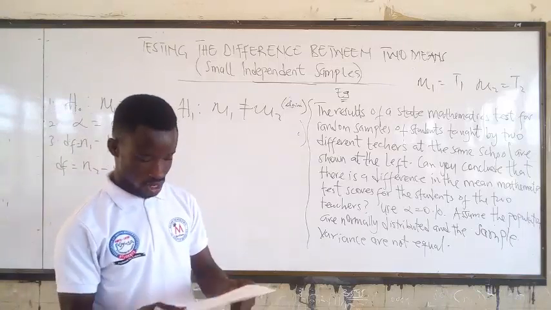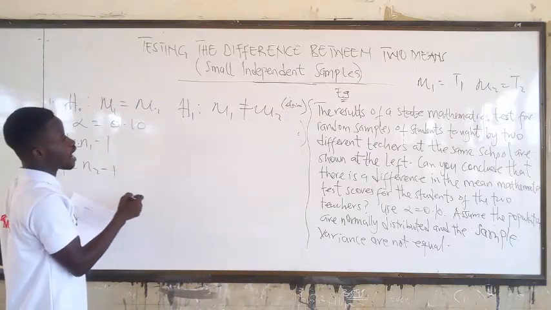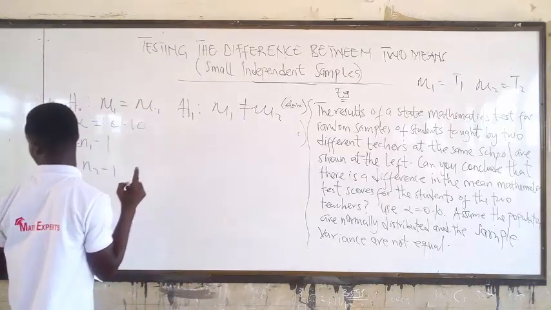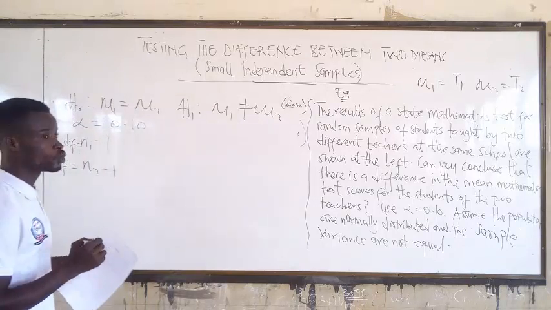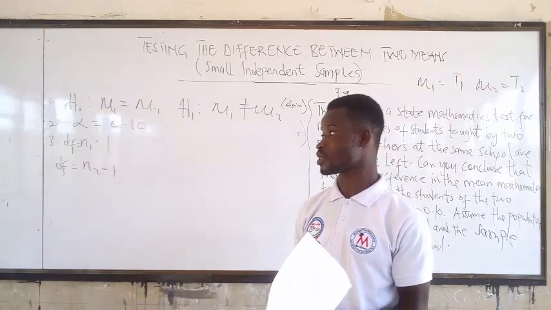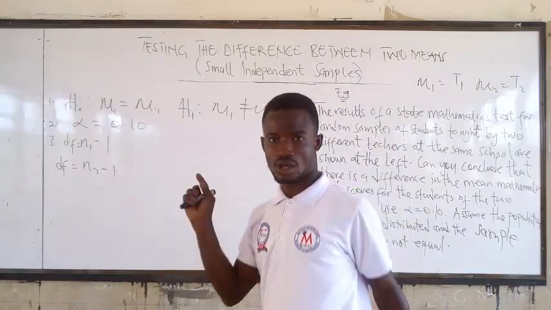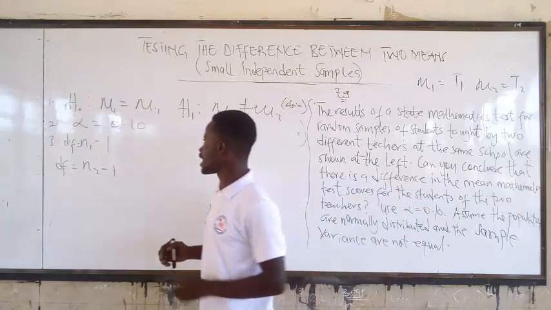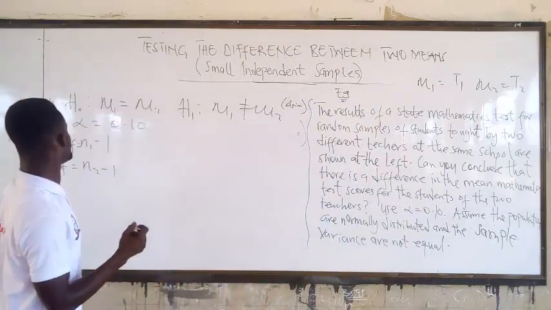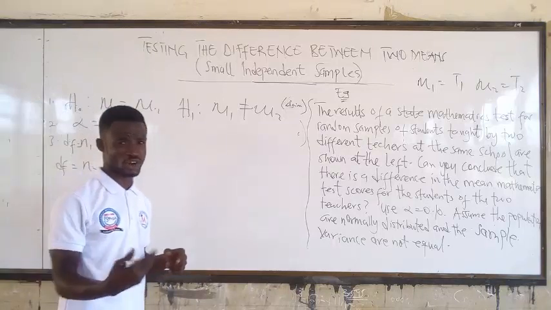Alright, so with this, let's move on. So we know that our n1 is what? 8. And our n2 is what? 18. Alright. So we know that here, the sample variance or the population variance are not the same.